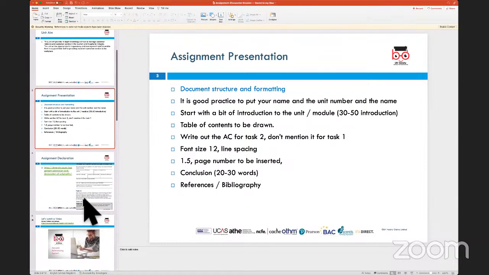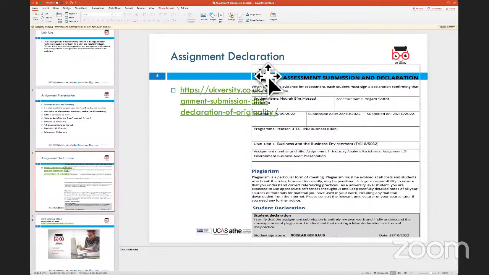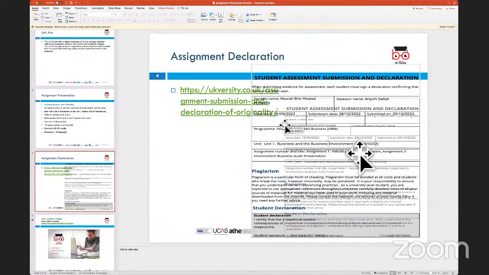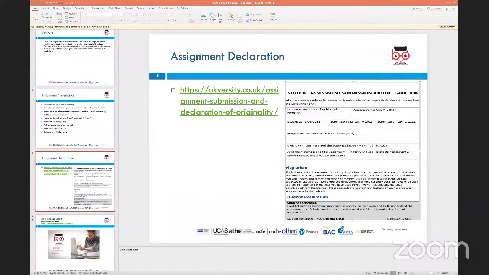and that would be backed up by either a list of references or a bibliography. Now, for most OTHM assignments, there is a declaration sheet that you also need to fill, and this declaration sheet is normally available on Moodle in the Word format, and I put it up here just as a screenshot. So what you need to do is fill this sheet up, and this is a declaration from your end, which basically says all the work that I'm producing is mine, and I'm referencing wherever I've taken work from books, articles, journals, and the work that I've provided is not produced by somebody else, but by myself.